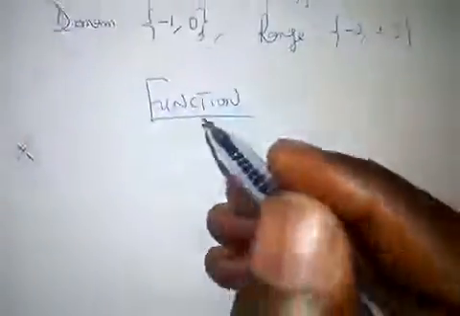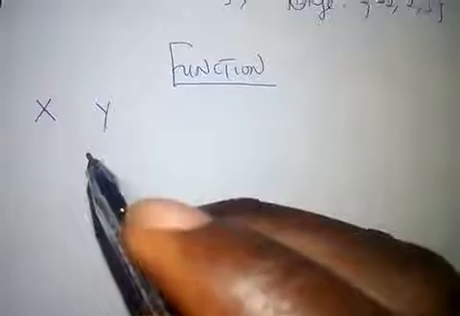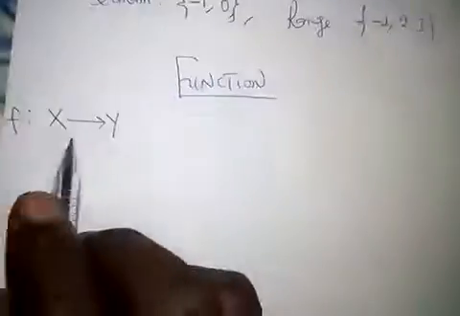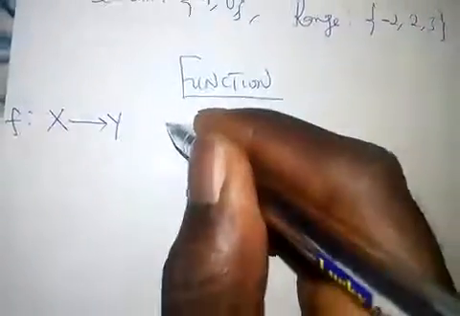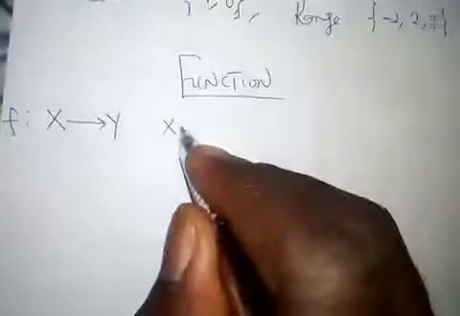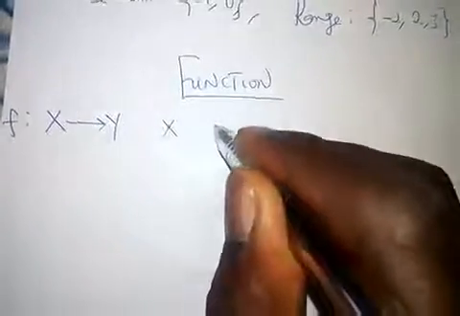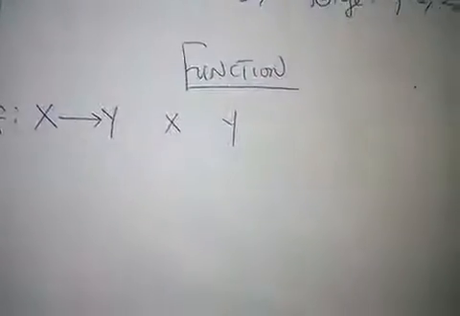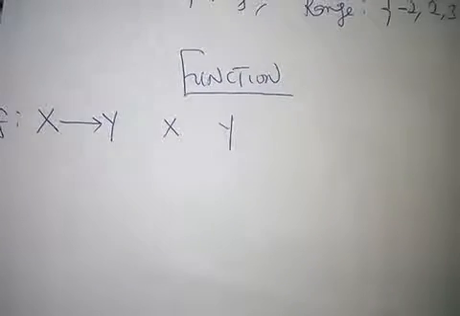That's to say, given an independent variable x and a dependent variable y, we say f is a function that maps x to y if and only if every input in x will produce exactly one output in y. If one input in x produces two outputs, then it is not a function.